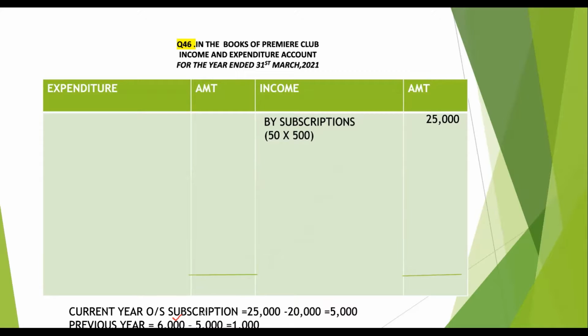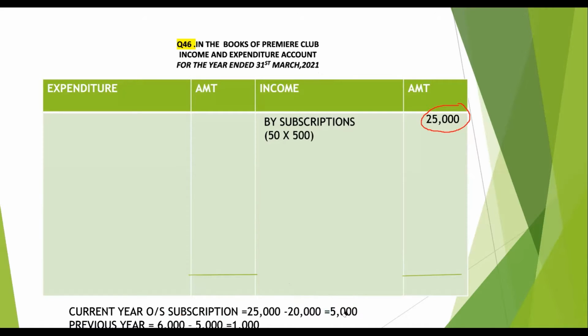Out of the 6,000, 5,000 is received this year. Still, we have an outstanding amount of 1,000 relating to the previous year. Now, in the current year, the total amount of subscription to be received is rupees 25,000. Out of this 25,000, we have received rupees 20,000. So 5,000 is still in arrear. I hope this point is clear.